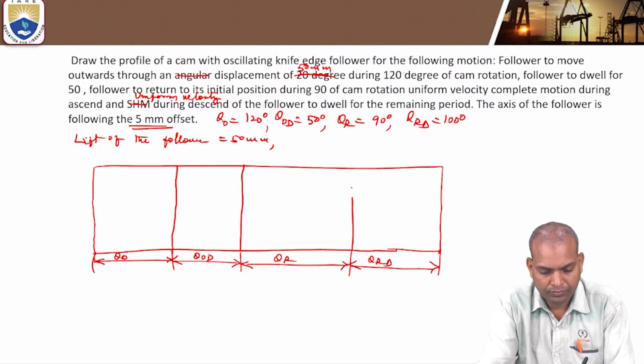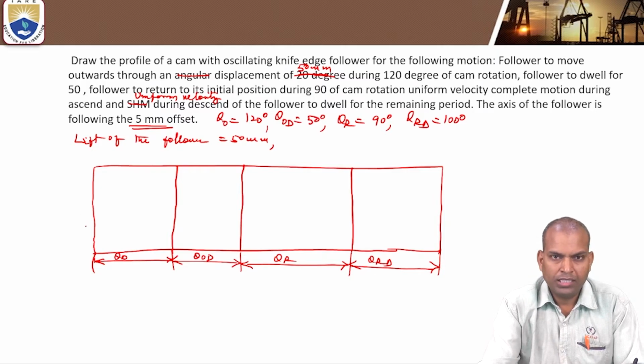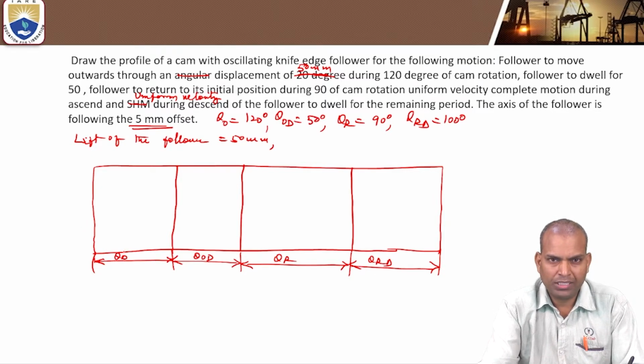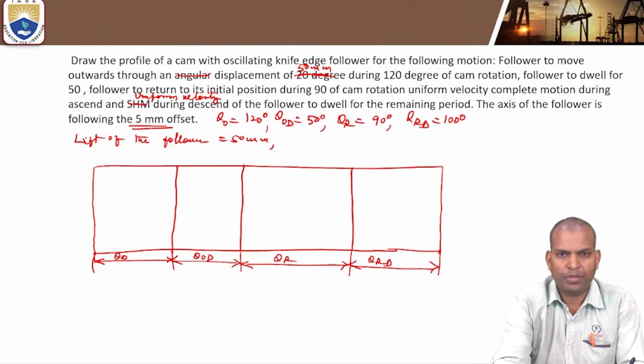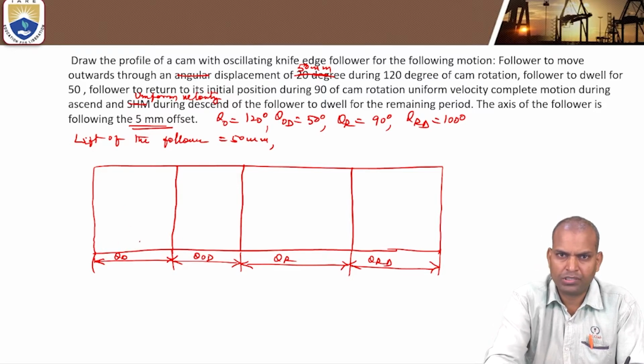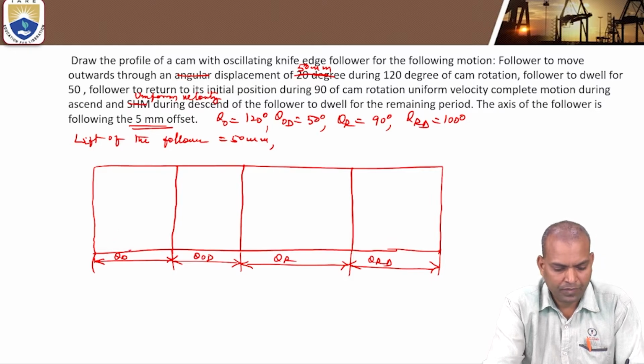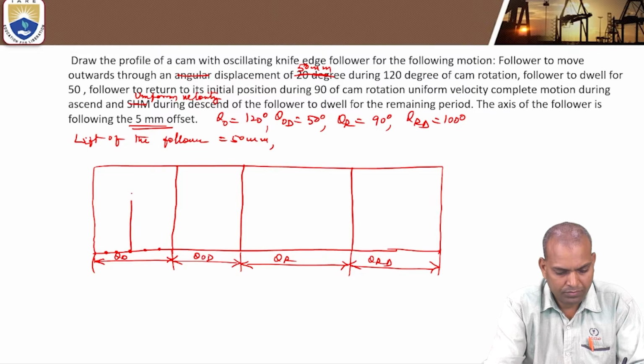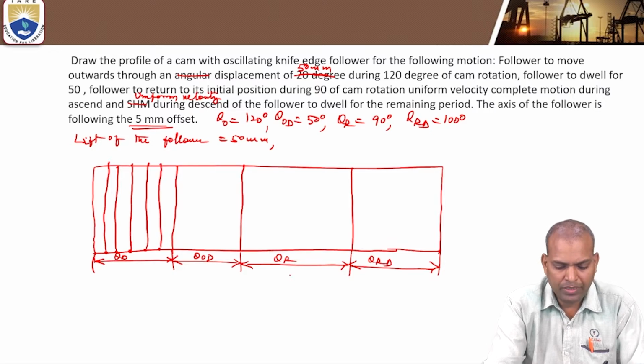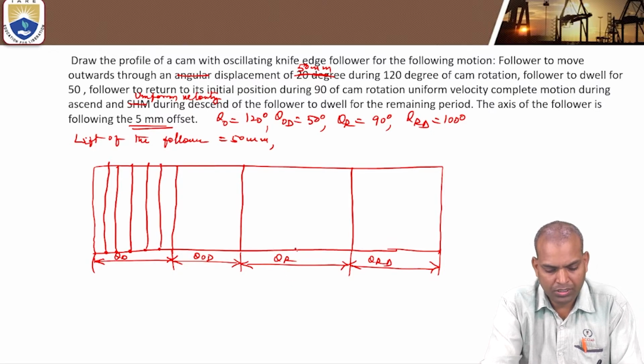This is the outstroke and return stroke. Now divide the outstroke and return stroke into an equal even number of parts. The optimum even number of parts is 6. Similarly, the return stroke is also divided into an even number of parts.